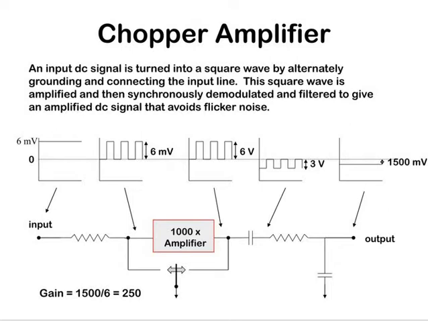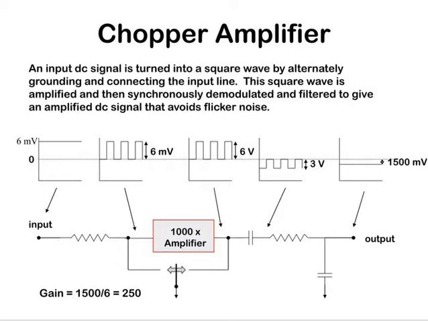So the output is entirely different from the input. This variation at the output is accomplished by chopping the input signal with the chopper and the time duration. It is called the duty cycle. So that's all with this chopper.